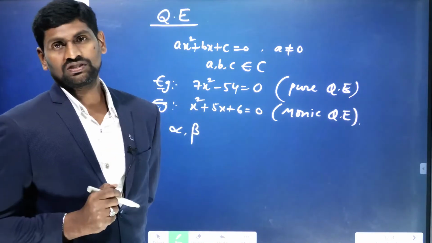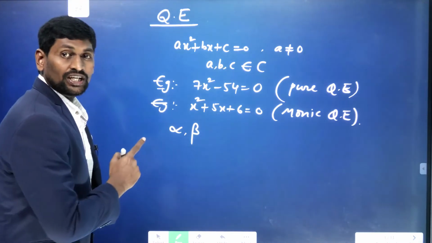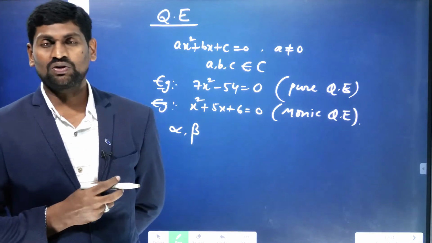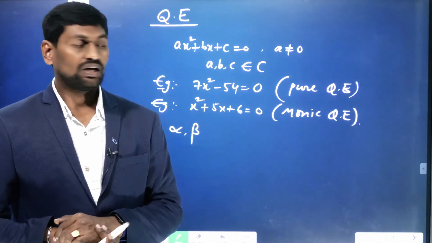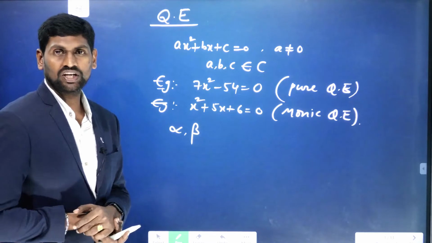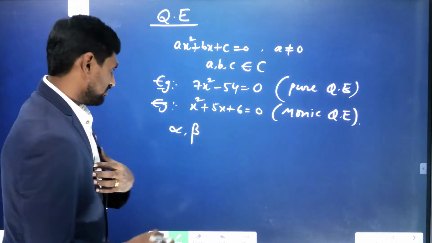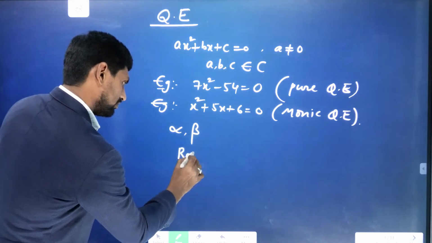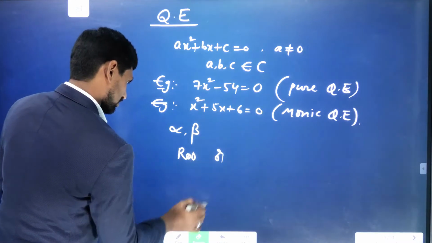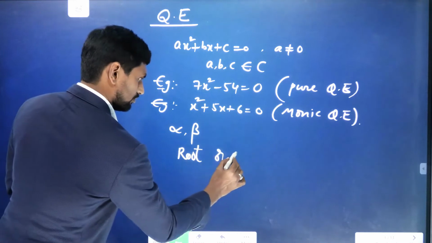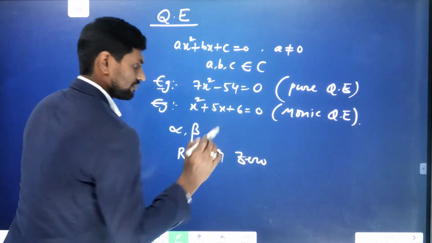Now that value is called a solution or root of the given quadratic equation, or zeros of a quadratic equation. We can call it root or zero. Am I right?